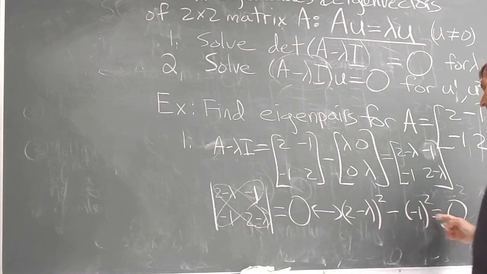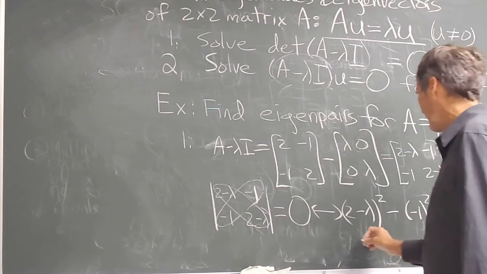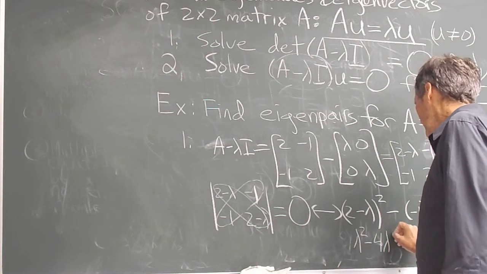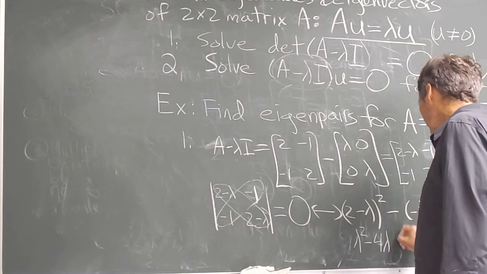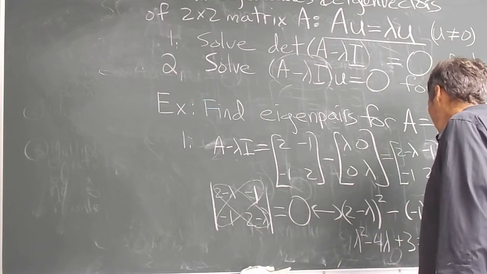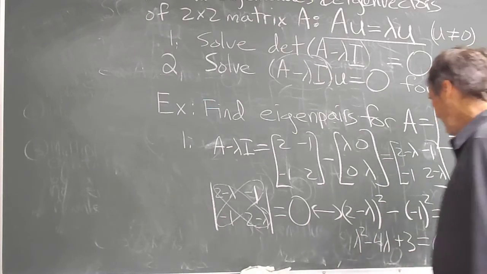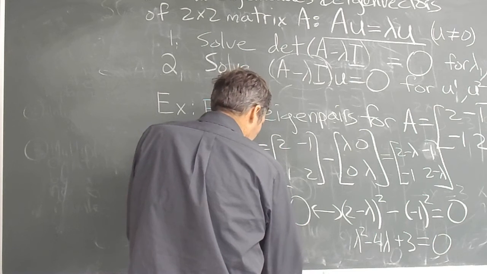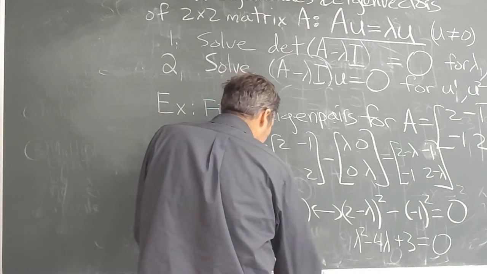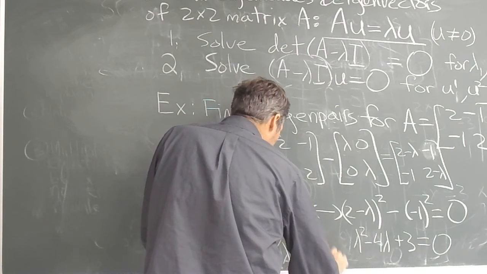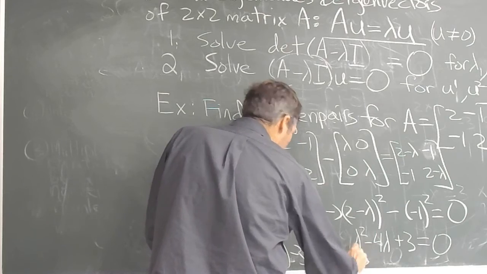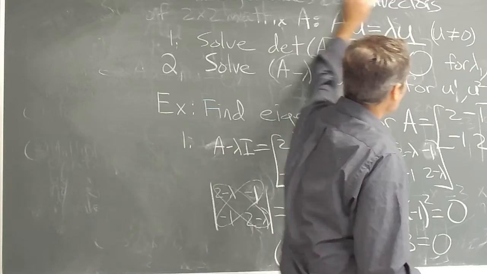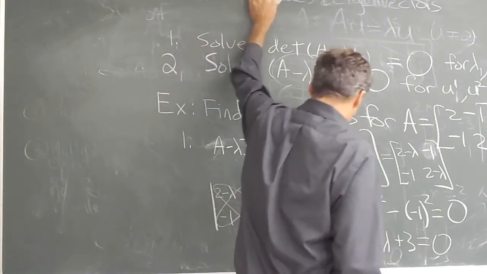We call this the characteristic equation. If you multiply it out, we've got lambda squared minus 4 lambda plus 4 minus 1, which is plus 3, equals 0. And this one factors as lambda minus 3 times lambda minus 1 equals 0. Evidently, there are exactly two solutions.